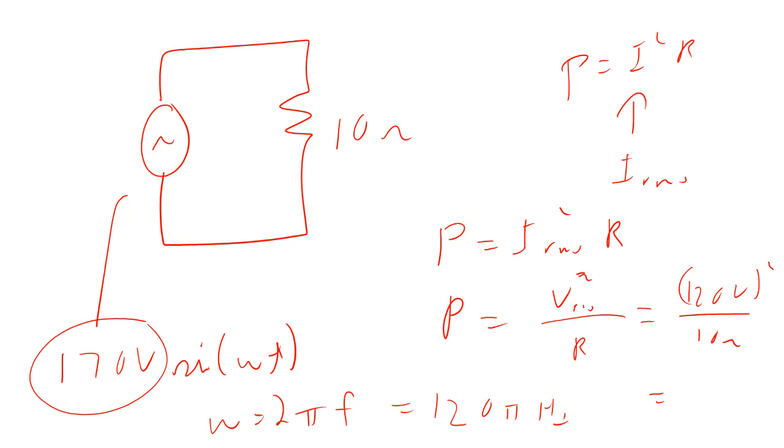So 120 volts squared divided by 10 ohms is going to be 1.44 kilowatts. So this is why we use the RMS value: it gives this sort of time average deviation from zero. And this is how we deal with resistors in AC circuits.